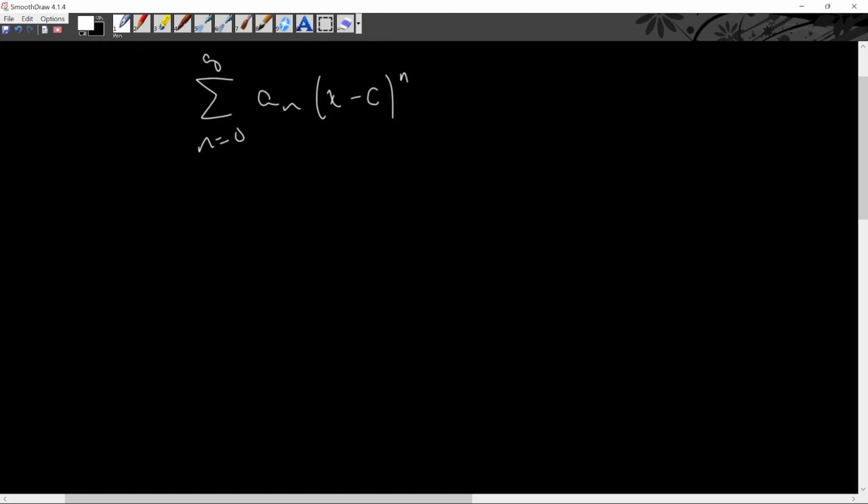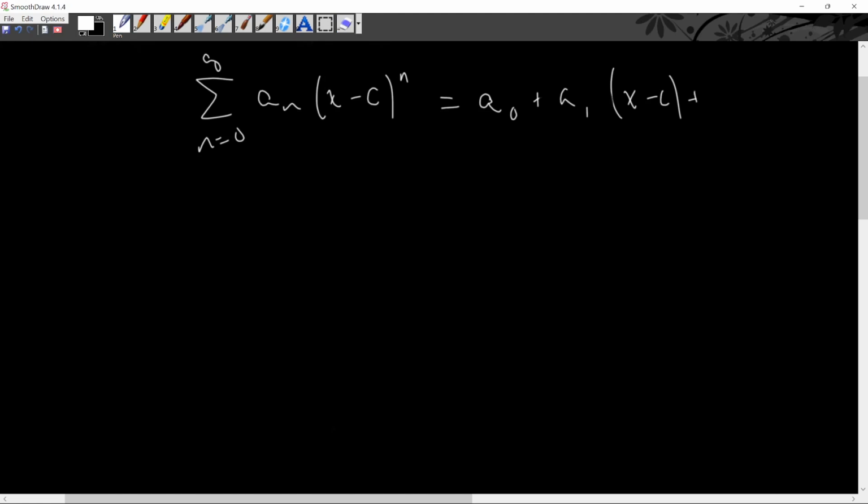So let's try and write out a couple of these first terms. If n is equal to 0, then we have a sub 0, or the first term. You do (x minus c) to the 0, you'll get 1, which you multiply by a sub 0, so it's just a sub 0, plus a sub 1 times (x minus c) to the 1, which I'm just going to write as a sub 1 times (x minus c), and on and on.